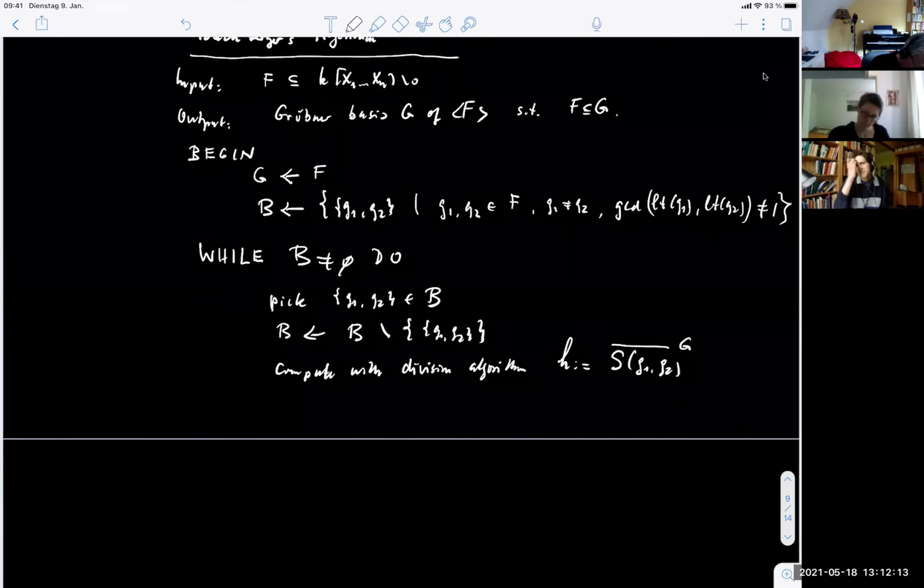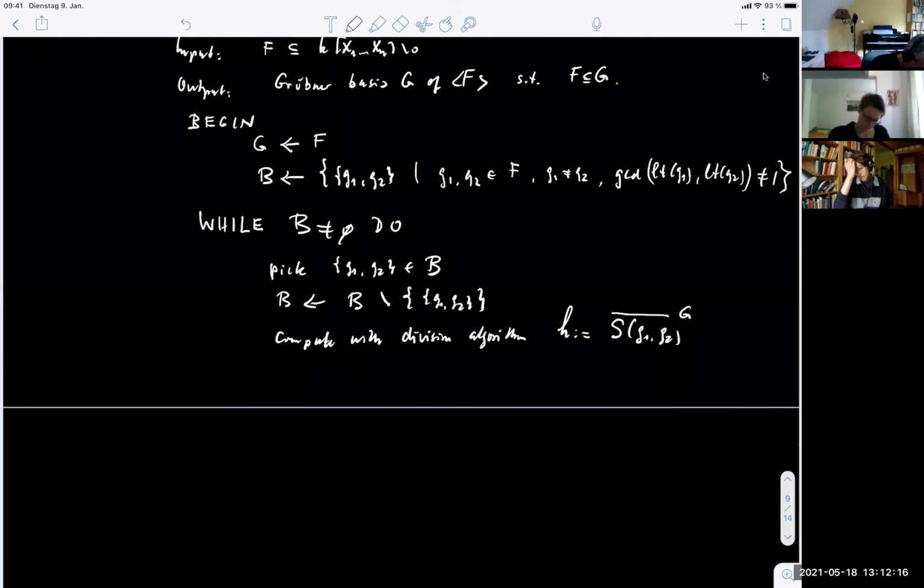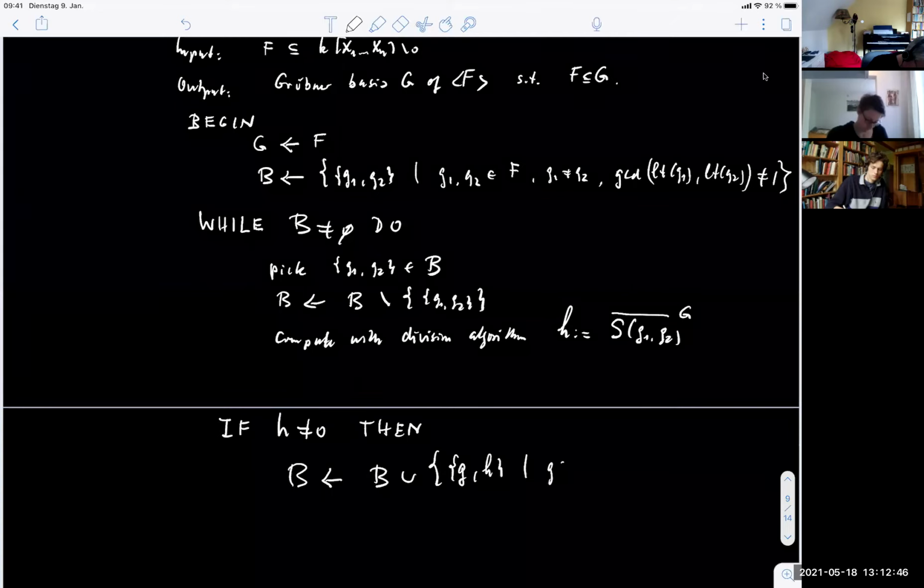Okay, and then if this normal form is non-zero, then I will add it. Now let's do it in the right order. Let's first update B. So I add to my set of pairs to be considered all pairs G, H. H is the new one and G is in G. Of course, I only have to add those where the GCD is not 1.